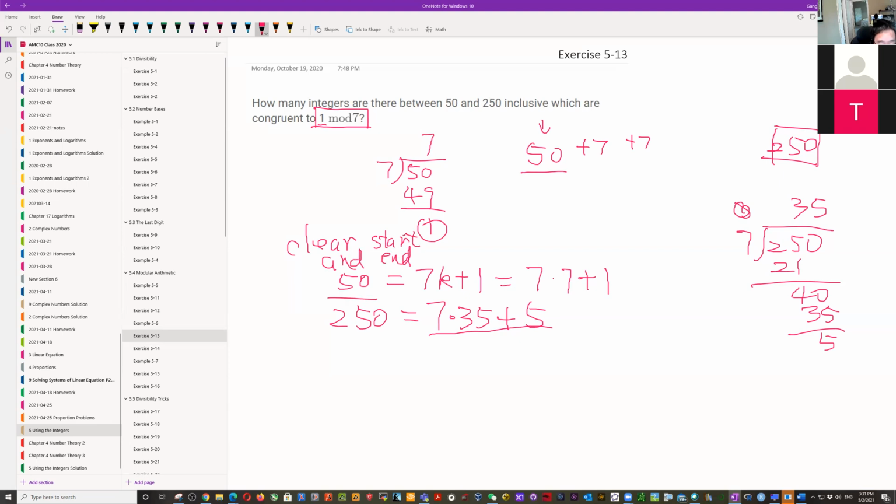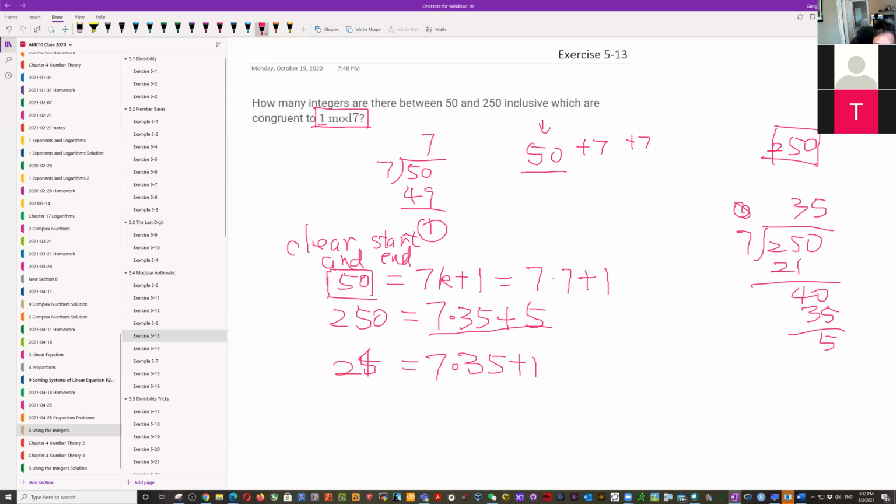The clear start 50 is already there. So the clear ending is actually going to be 7 multiplied, because it's going to be less than 250. So it's going to be 7 multiply 35 plus 1. So plus 1, the difference between 50.